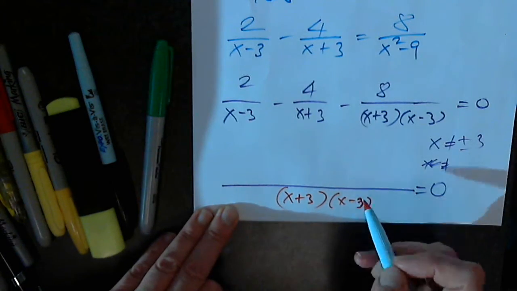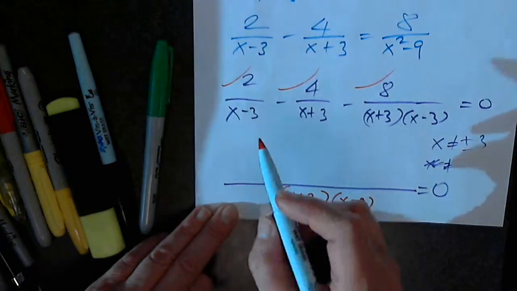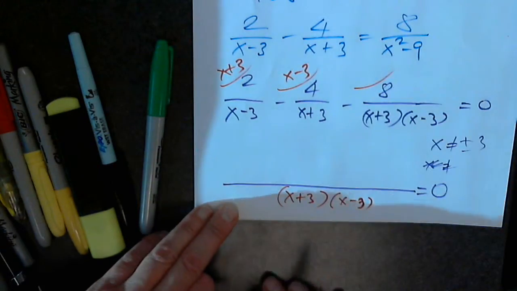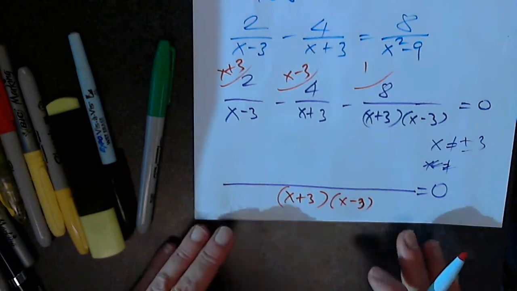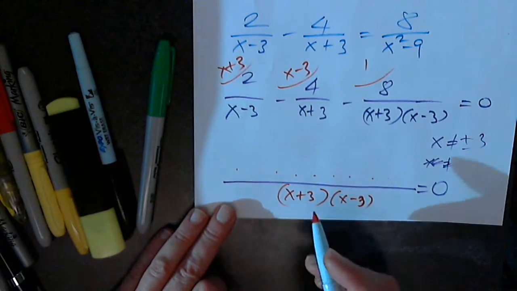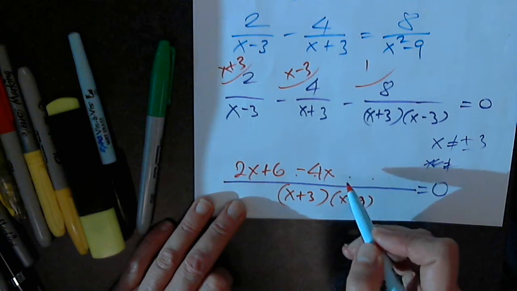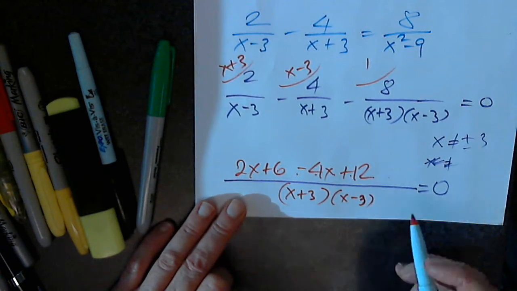So then I need adjustments. X plus 3, x minus 3, x minus. Very good. Of course, the last one is not necessary. Good. Now what do I write as the top here? 2x plus 6 minus 4x. Plus, oh, whoa, minus 8.